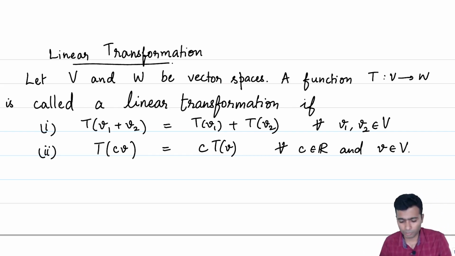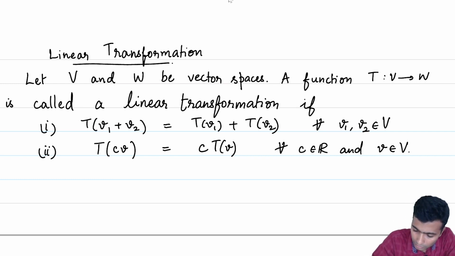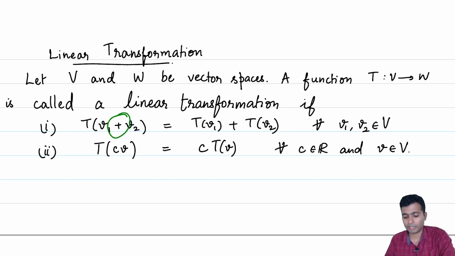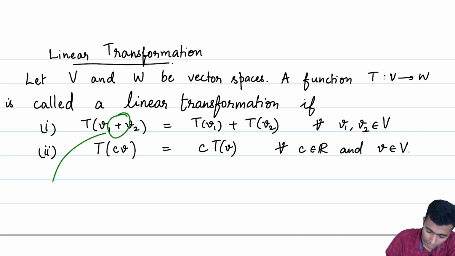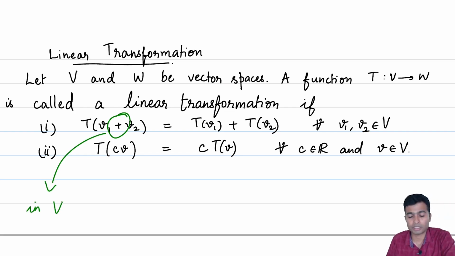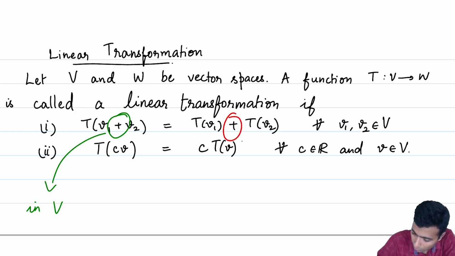So let's spend a couple of minutes trying to see what is happening here. Let's use the green color to denote it. So let me circle the vector addition V1 plus V2. I would like to point out that this is a vector addition which is happening in V. Now red is being used to circle out vector addition.